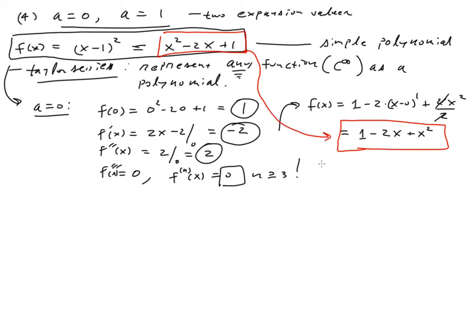The idea here is that basically the Taylor series procedure gave us what we already knew.